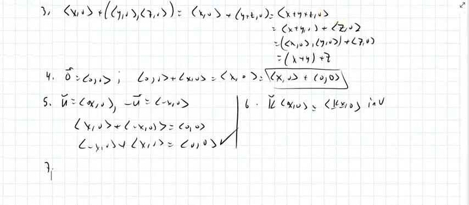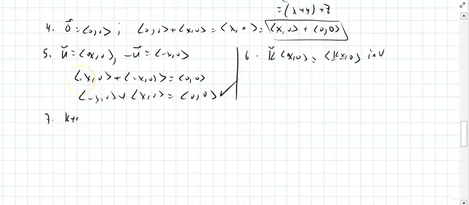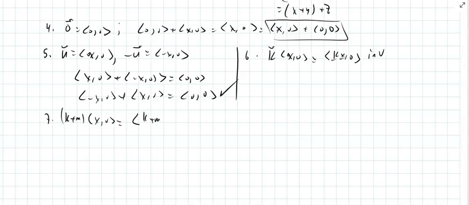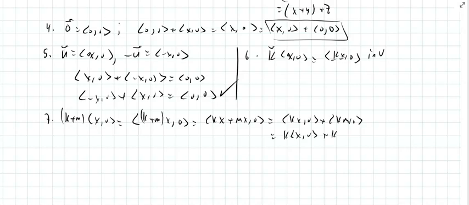If I take two constants, k and m, and multiply that by x0, that would be (k plus m) times x0, which is kx0 plus mx0. And that's for all values of m and k and x.